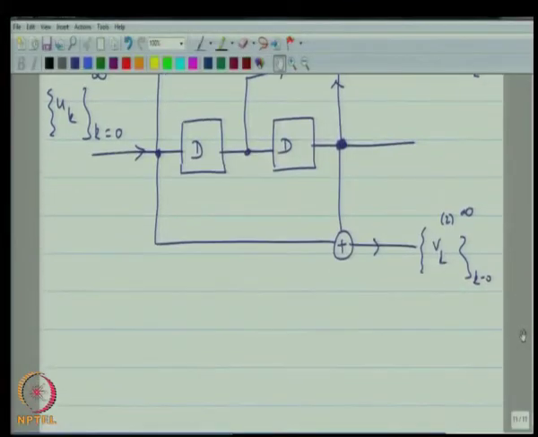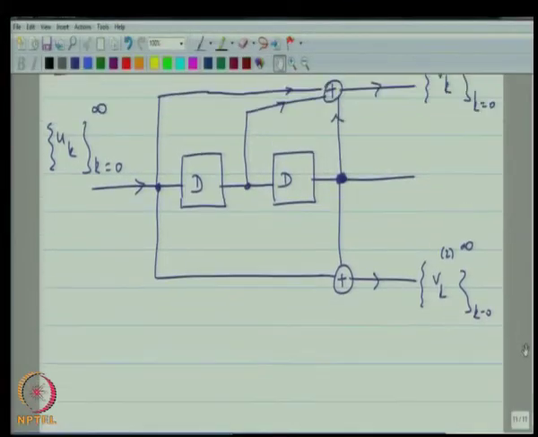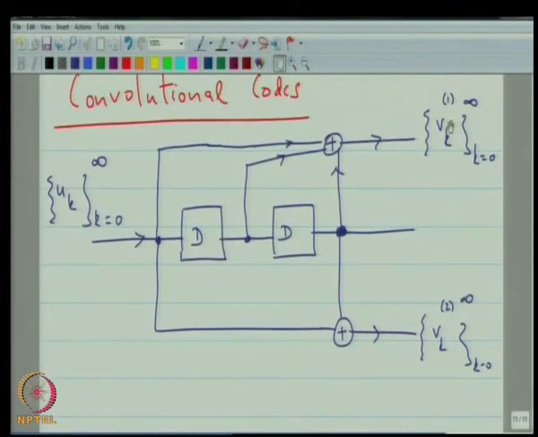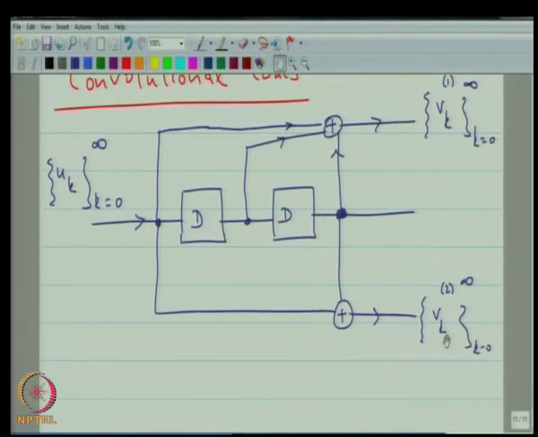Okay, so what is the expression that corresponds to this? What you are really saying here is that the first output is a function of the current input, and it adds to the current input the immediate past two inputs. The second output adds to the current input the input two symbols ago.